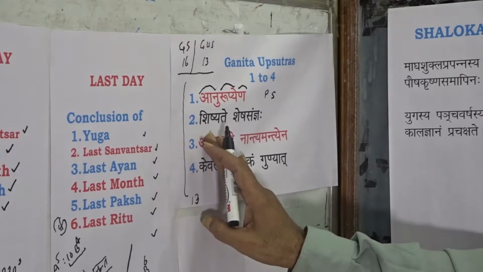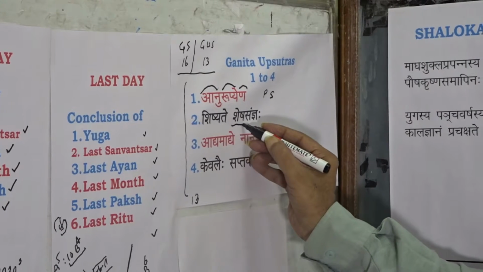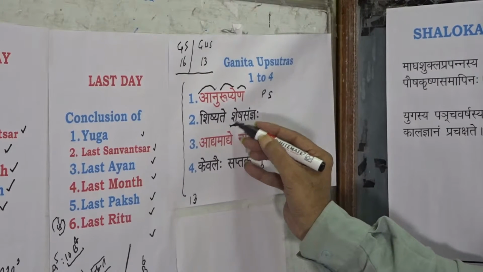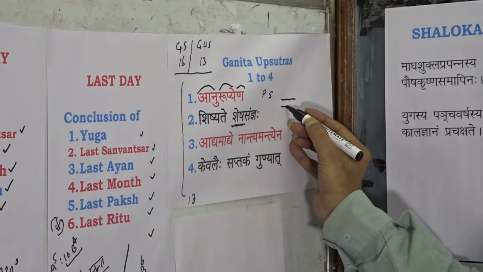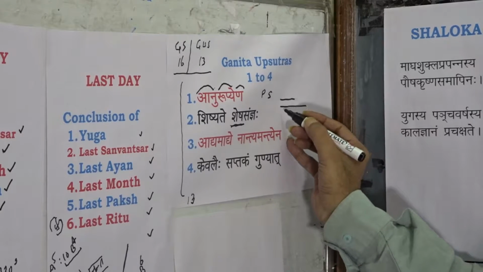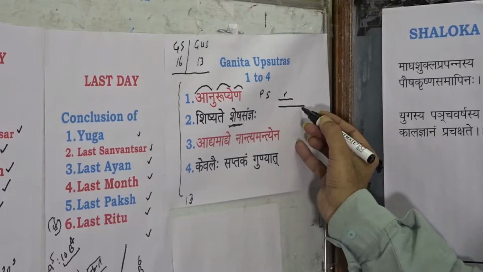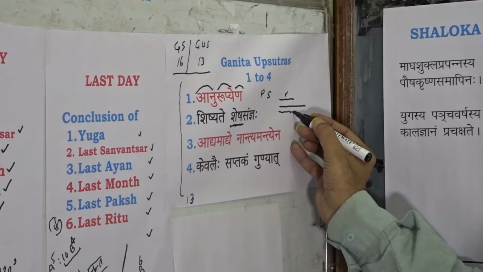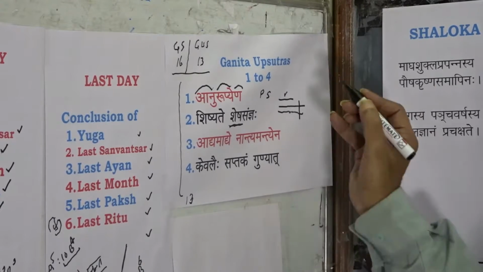Now the second Upsutra is Shishyate Shesh Sangya. It helps us appreciate that when we have different units or different ranges, and we compare them, these may not be complete multiples of the altered units, so there may be parts as well, or remainders.